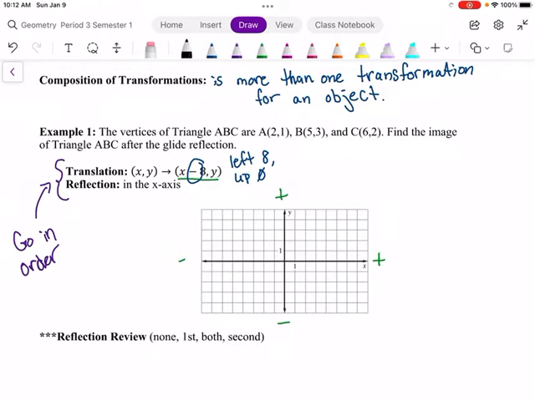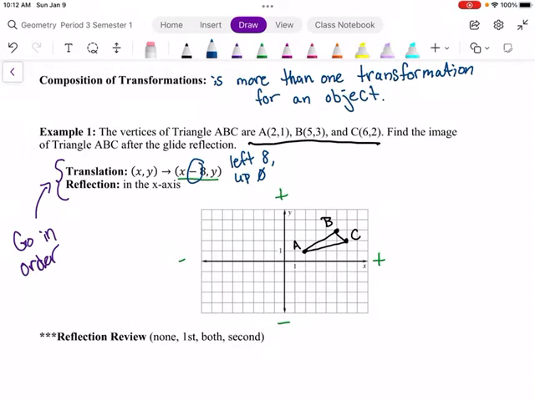So before we can do that, we first need to plot our 3 points. So on your notes, go ahead and plot these points. And don't forget to label them. And then once you have those points plotted, you can draw in your shape. And we're going to perform the translation.